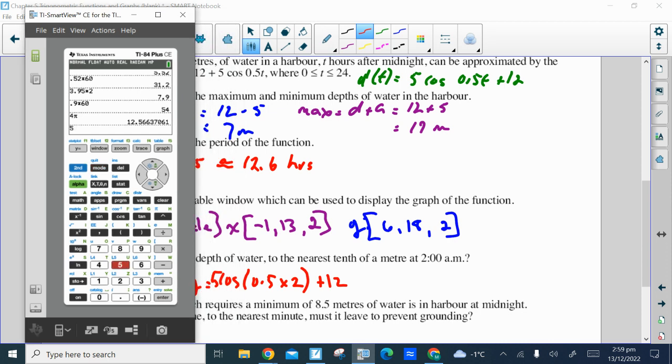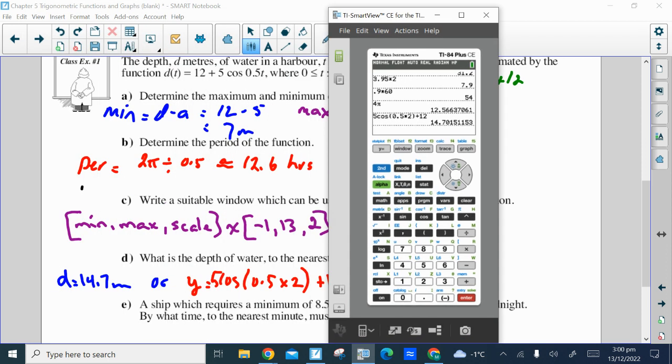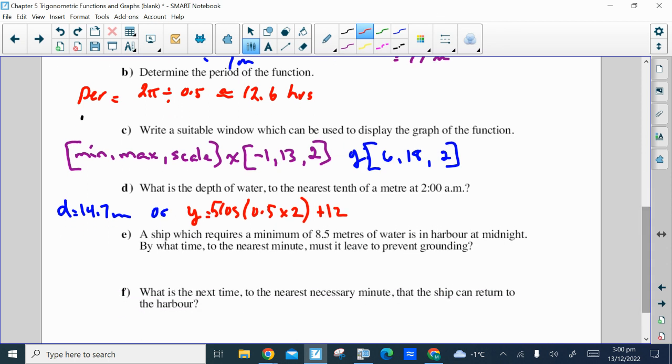We can just go 5 times the cosine of 0.5 times 2, which will actually be 1. So we could have just put the 1 in there. And then you have your plus 12 at the end. You get exactly the same answer, 14.7. So you can use the graph, or you can just use the equation. The graph comes from the equation, so you're really doing the same thing.